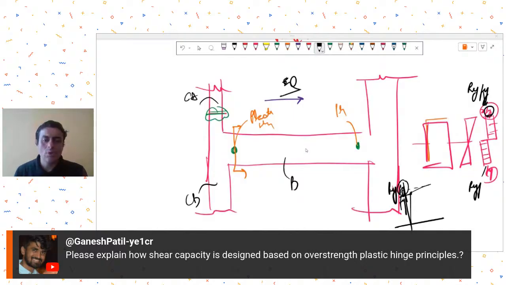So you are expecting the cross section to yield at Fy, but in fact it reached Ry times Fy.